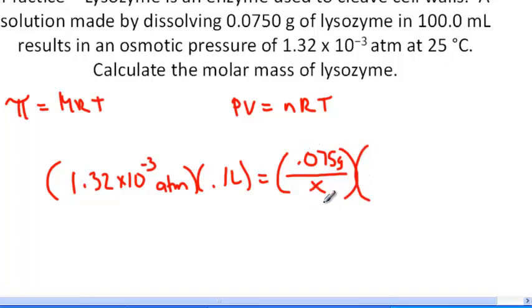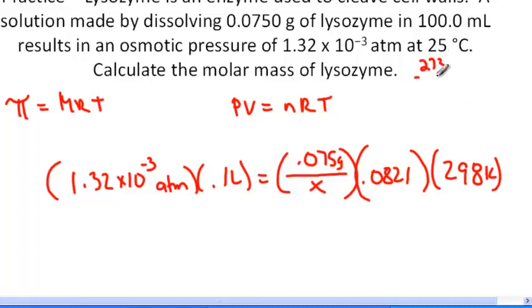That's the n, isn't it? Grams over formula weight, which is what we want to find, the formula weight of the lysozyme. R is the constant. Now we're in atmospheres. What's the R constant that matches atm? I memorized it as 0.0821. And the room temperature in Kelvin is 298 K. So remember, we have to convert to Kelvin. Solve for X.